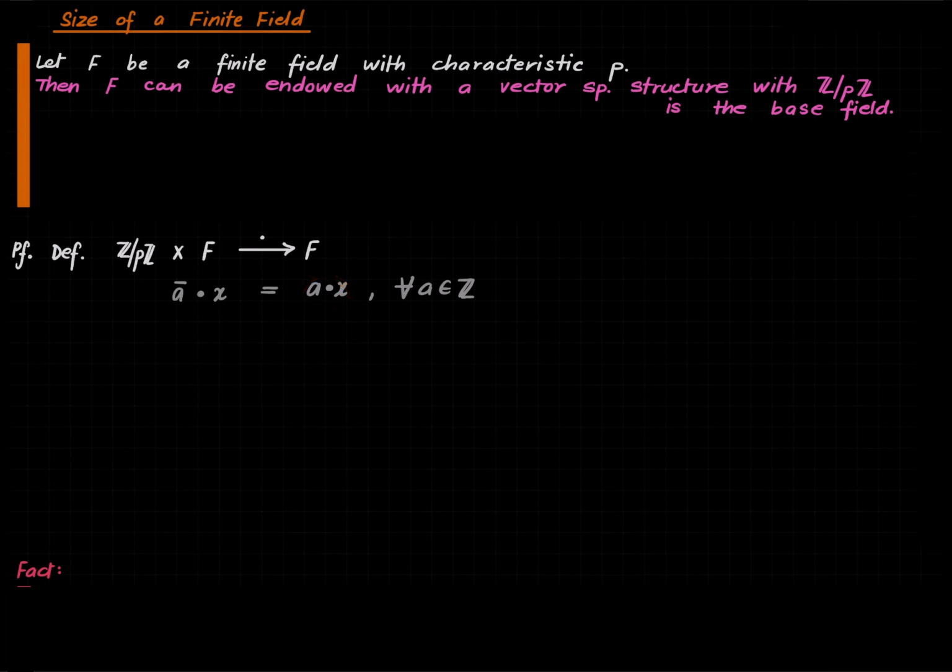So there is a well-definedness issue, and one thing which I erased I want to write down. So this again, recall, is a plus pZ. Okay, great. So for well-definedness, just note that if a bar is equal to b bar, then this is equivalent to saying that a is congruent to b mod p. Correct? And therefore, a is equal to b plus pk for some integer k.